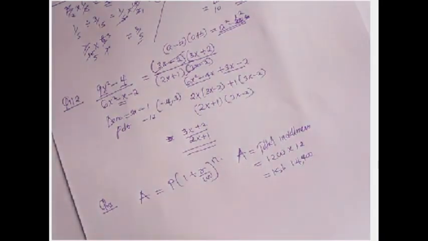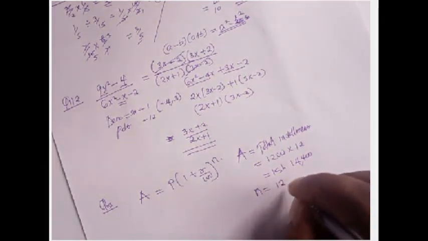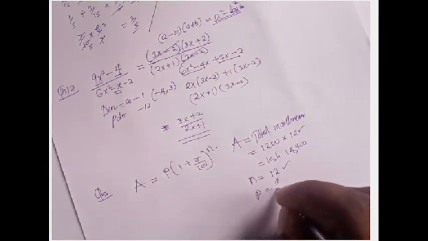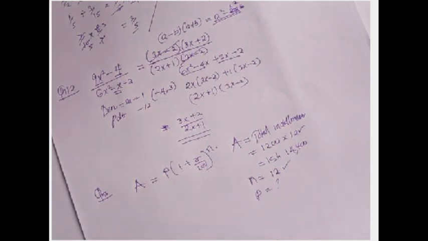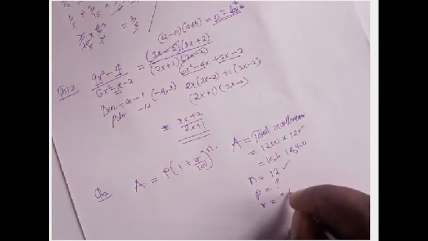And then we know that n will be equal to 12, that is the number of months, and principal we don't know, but we know the rate of interest is 7% per month.